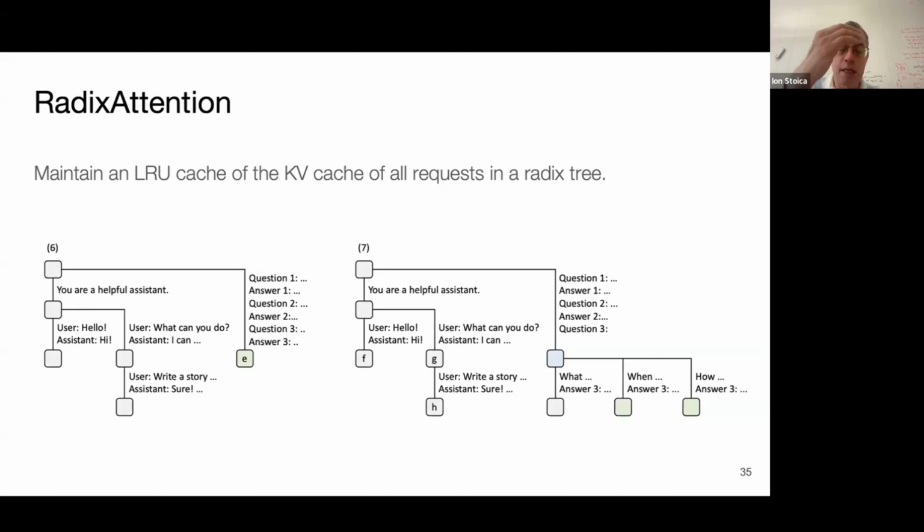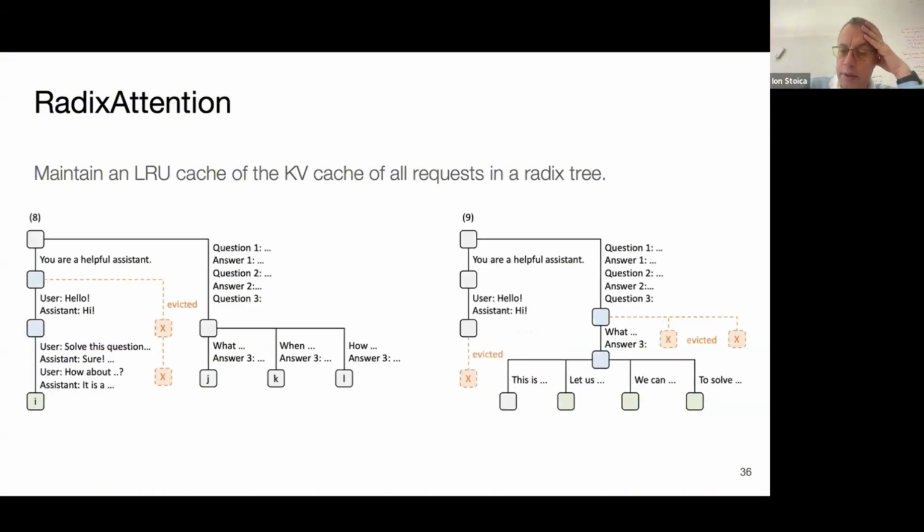Imagine here, this is about multiple shot examples, right? So here you give a few examples and then you ask your question. So the prompt, like we mentioned in the previous examples, contains all these examples, and then you use this to ask different questions. Again, the prefix of this can be reused, right?